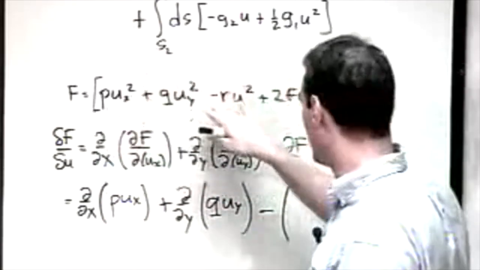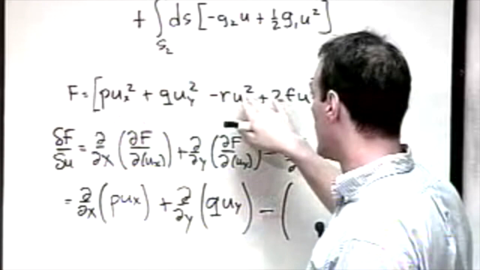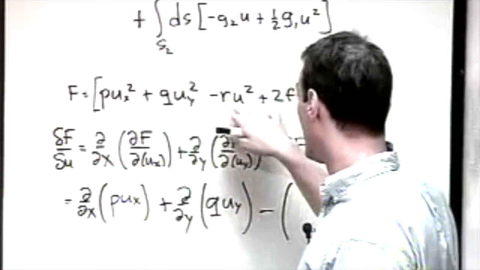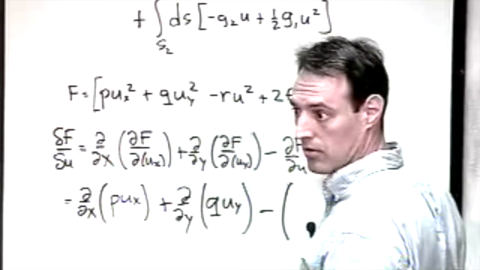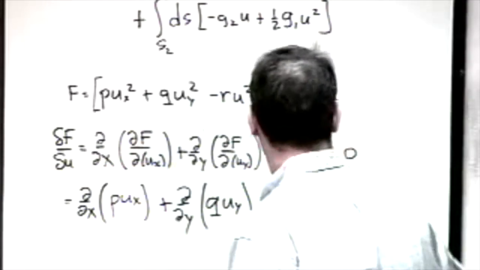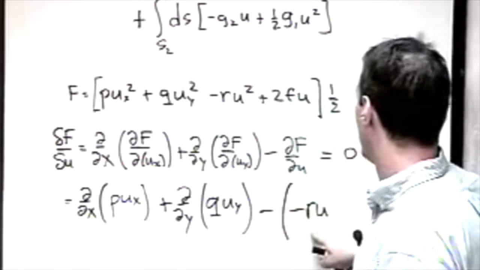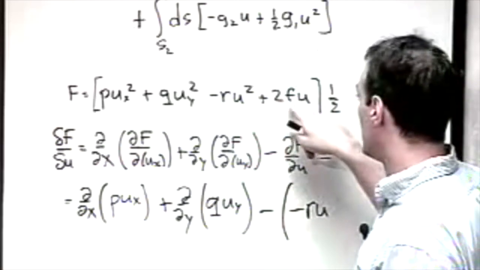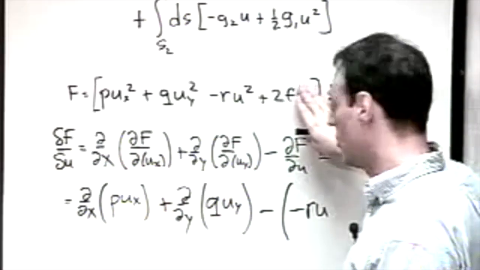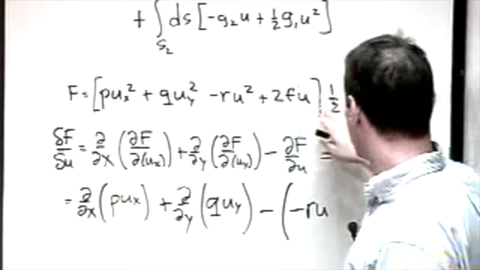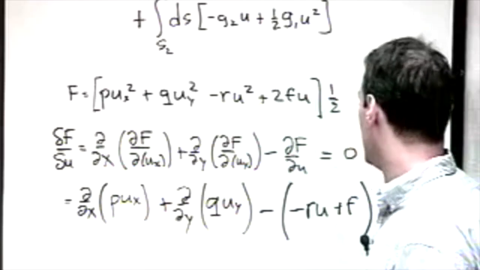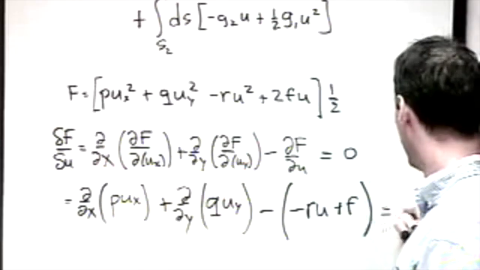No u there, the derivative is 0. Here you get minus ru squared. Oh, so if you take the derivative of this, you get 2u. So you get minus 2ru times a half, which just becomes minus ru. Right? And, sorry, one more term. Minus ru there, and then you get here 2fu. If you take the derivative with respect to u, what do you get? Just 2f times a half. You just get f, right? And that's supposed to be equal to 0.